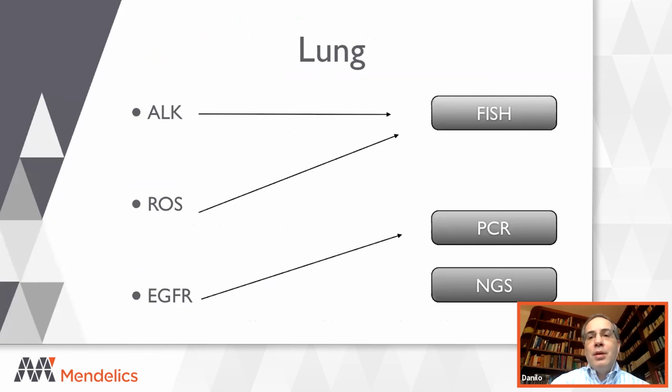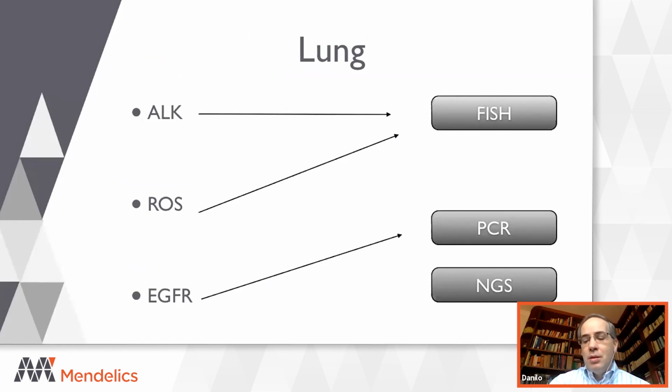What I said for leukemia can be used, and it's already reality, at least here in Brazil. We had a situation where to test for ALK, ROS, and EGFR, we had to have 3 different tests. The block had to go and come back 3 times, and you would spend 3 months to get all the results you needed.